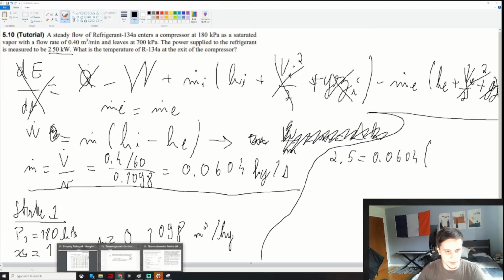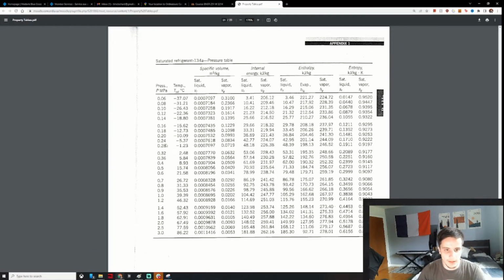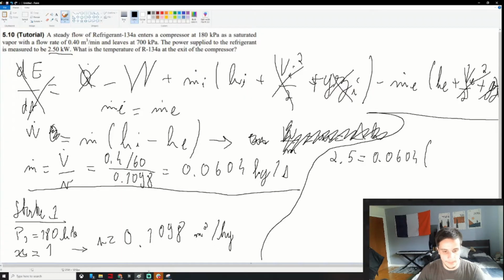I'm not going to use the value from the correction because it's wrong. It is 239.71. Minus HE, which is what we're looking for. So if you were to solve that, I'm going to calculate that myself.